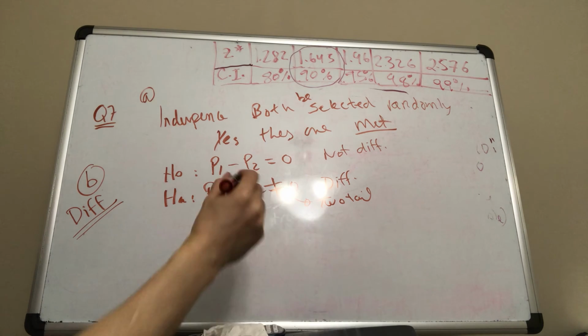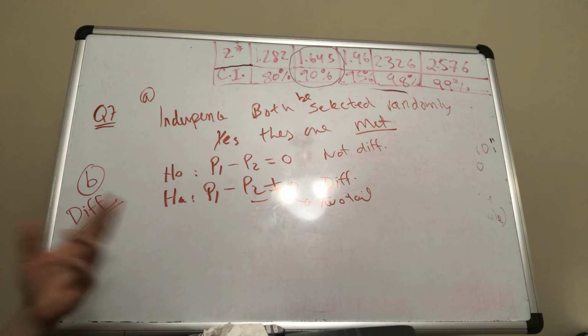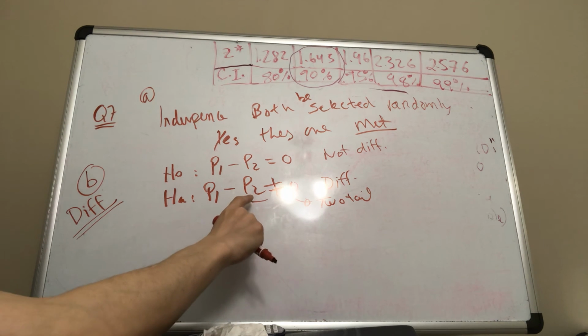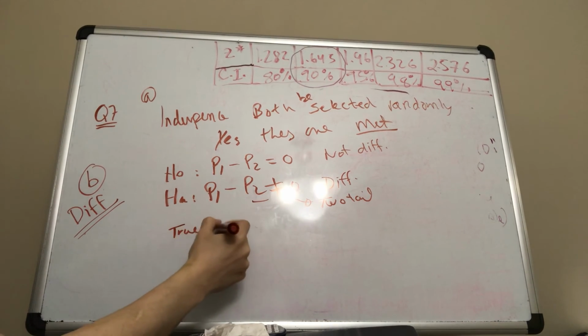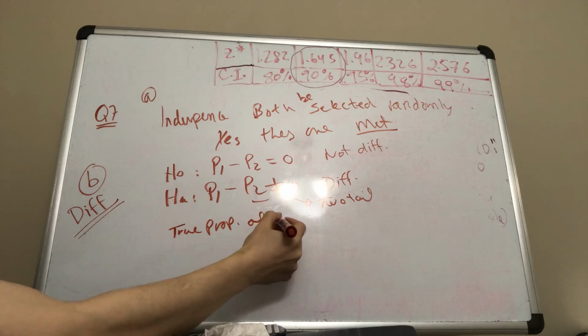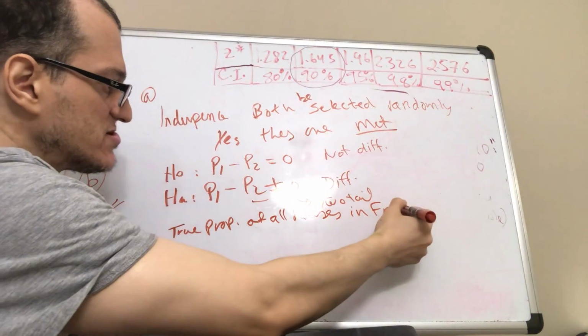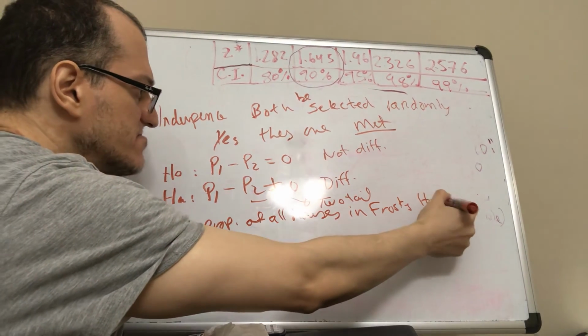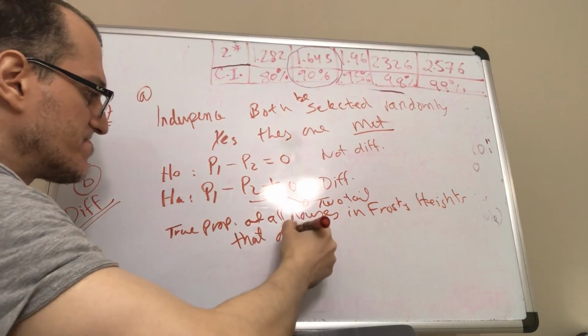What's the meaning of P2, for example? I told you the standard meaning, P2 is for the second city, Frosty Heights. So P2 is the true proportion of all houses in Frosty Heights that are decorated during the Christmas time.